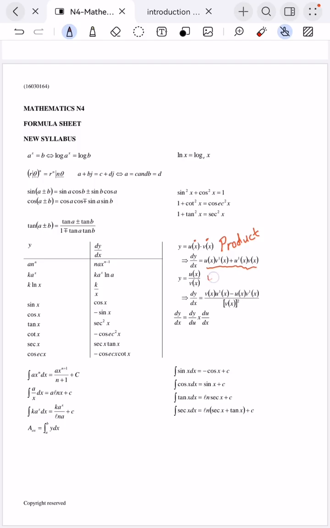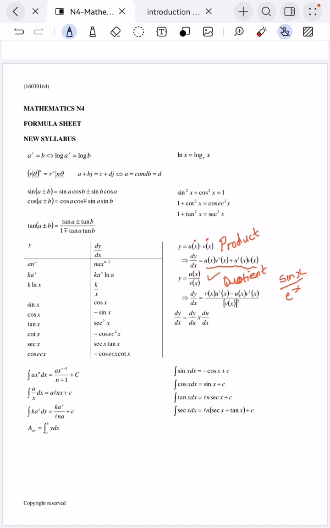Then we have the quotient rule. This is when you have two functions dividing each other, two different functions. When I say different, for example, if I have sine x over e^x, that's two different functions, right? There's no way you can combine them.